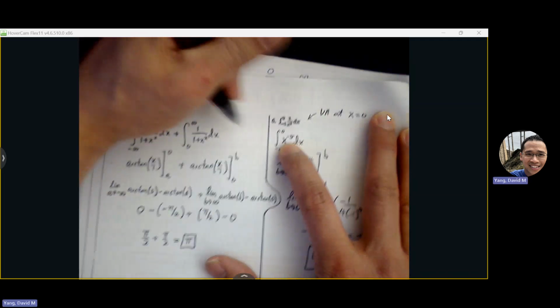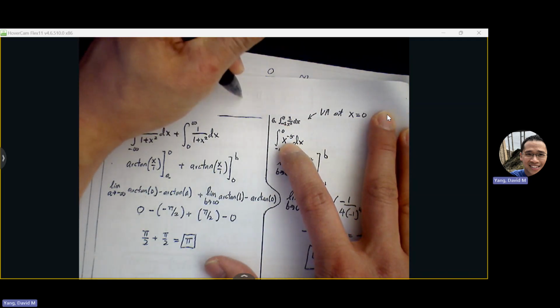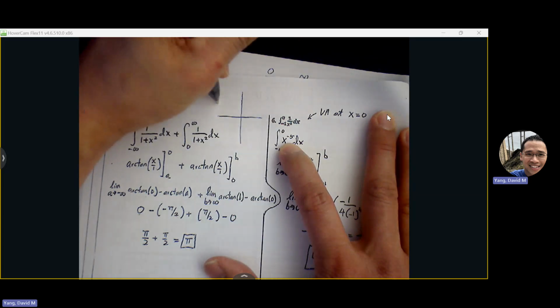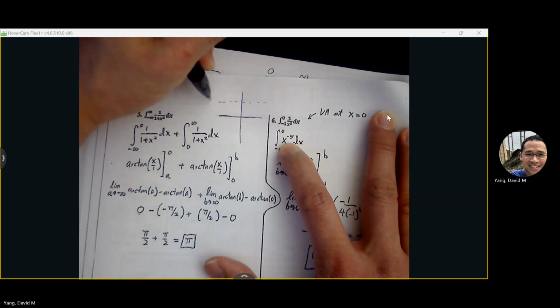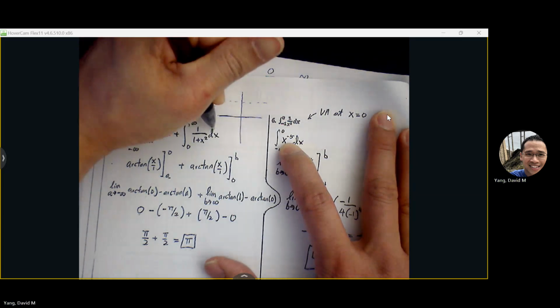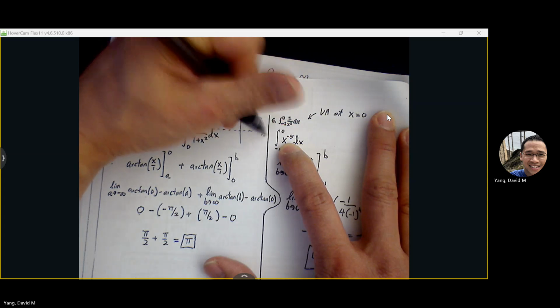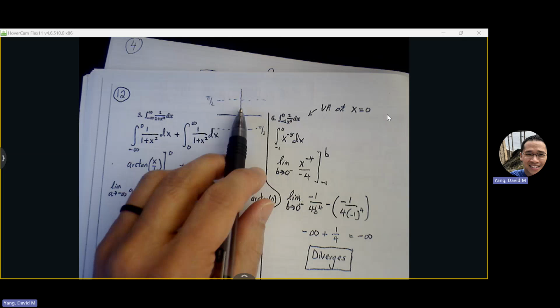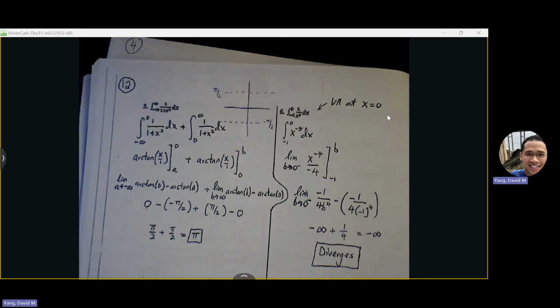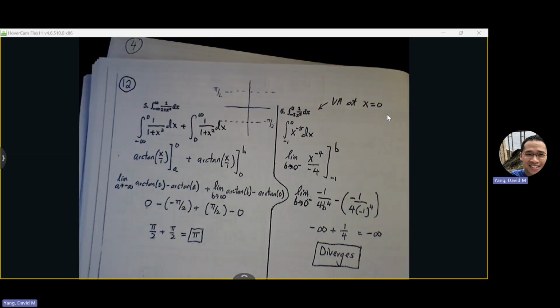The thing to know about arctangent is how the graph looks. So the graph looks something like this. It's kind of like the tangent graph, but flipped sideways.